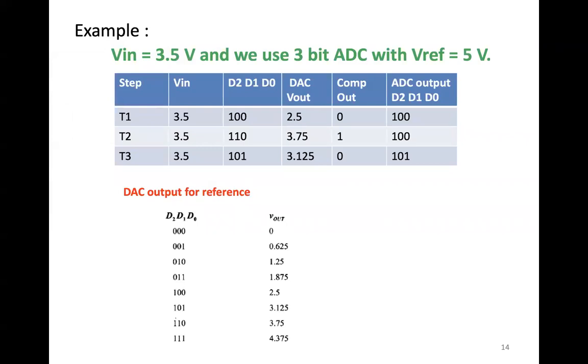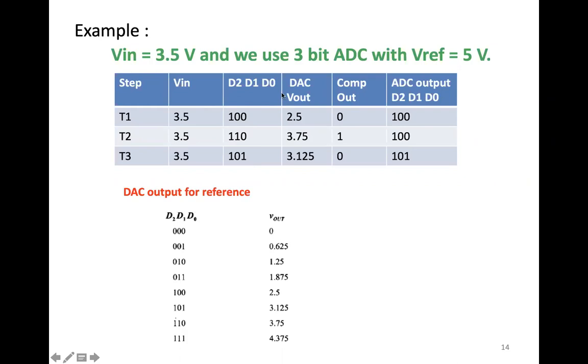Now let us take this example. Vin is equal to 3.5 and we use a 3-bit ADC with Vreference 5. At T1, that is test case 1, Vin is 3.5 and my D2, D1, D0 will be 1, 0, 0, and let us take the DAC Vout to be 2.5, so it is compared here.